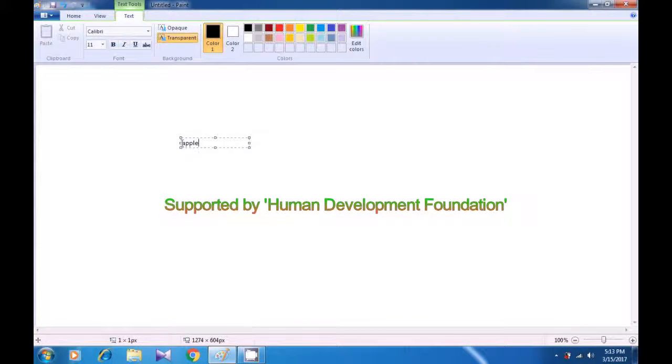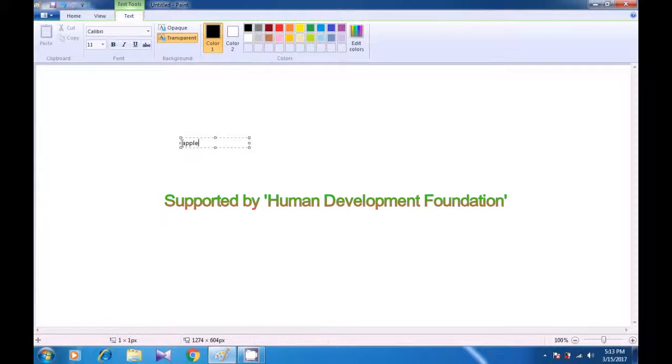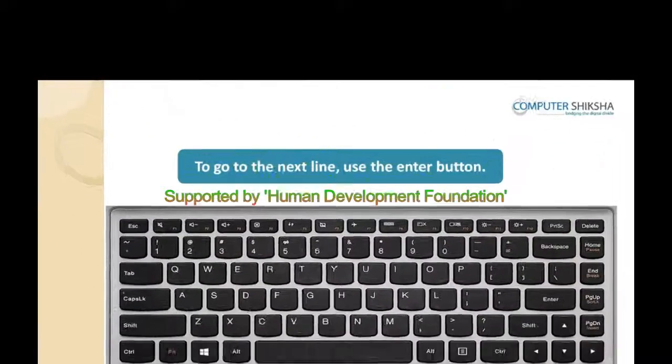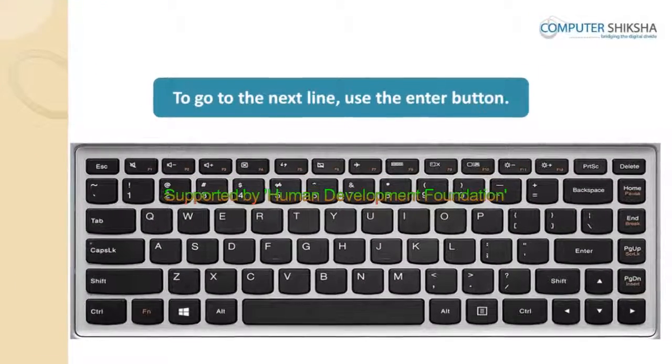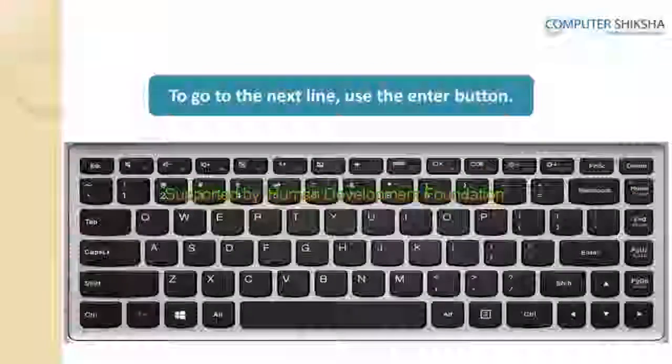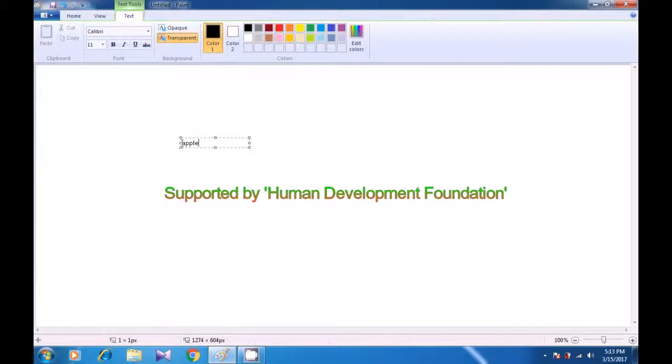Once you have typed the word apple, remember that each time that you are typing, you should not type anything outside the box. So once you have typed the word apple, we need to go to the next line. To go to the next line, use the enter button, and we will press the enter key once to come to the new line.